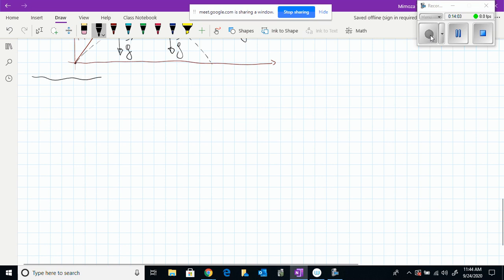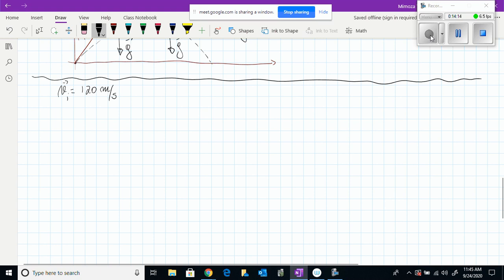Let's suppose that we have a situation where an object is thrown with an initial velocity of, I will say, 120 meters per second at 25 degrees with the horizontal. This is what you will usually see in projectile problems. You may say that it's 25 degrees north of east or whatever.